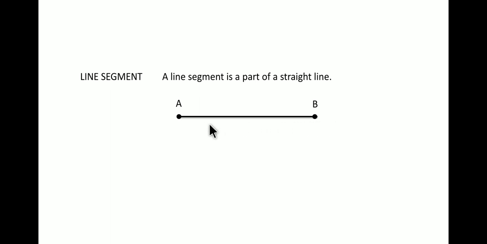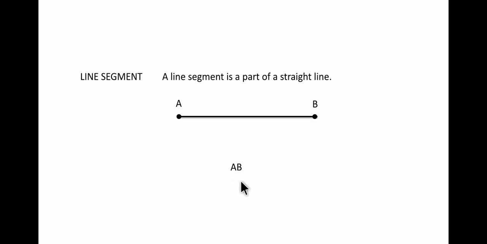So unlike a line AB, a line segment AB will have a fixed length, whereas a line AB will have a length which is infinite, which will go up till infinity. So a line segment has a fixed length, and thus the line segment AB is just written as AB. We don't need to draw anything on top of it.